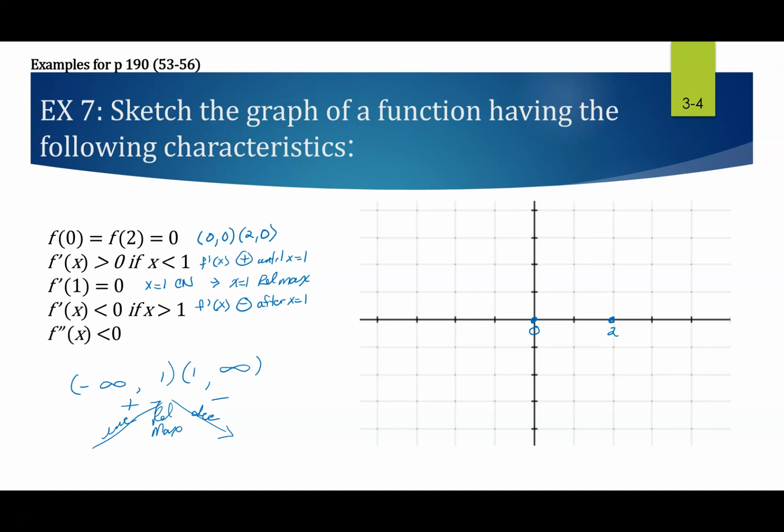Therefore, we can conclude that this is concave down everywhere because we don't have any other restrictions. Okay, so now we're ready to sketch.